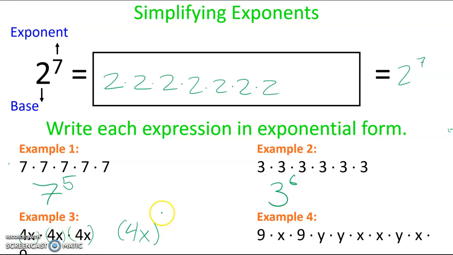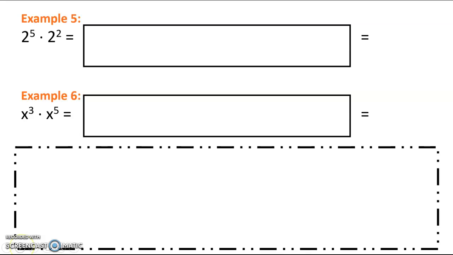So 1, 2, 3, it just turns into 4x to the 3rd power. If you want to do it all individually, you just do 4, 4, and 4, which turns into 4 to the 3rd power, and then x, x, and x, which is x to the 3rd power as well. I'm going to skip example 4 because it's going off the screen here.